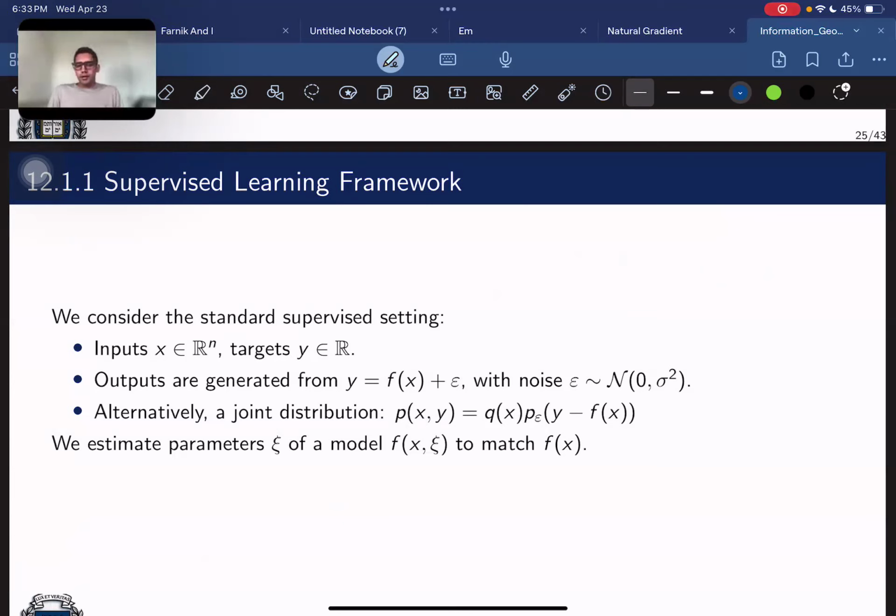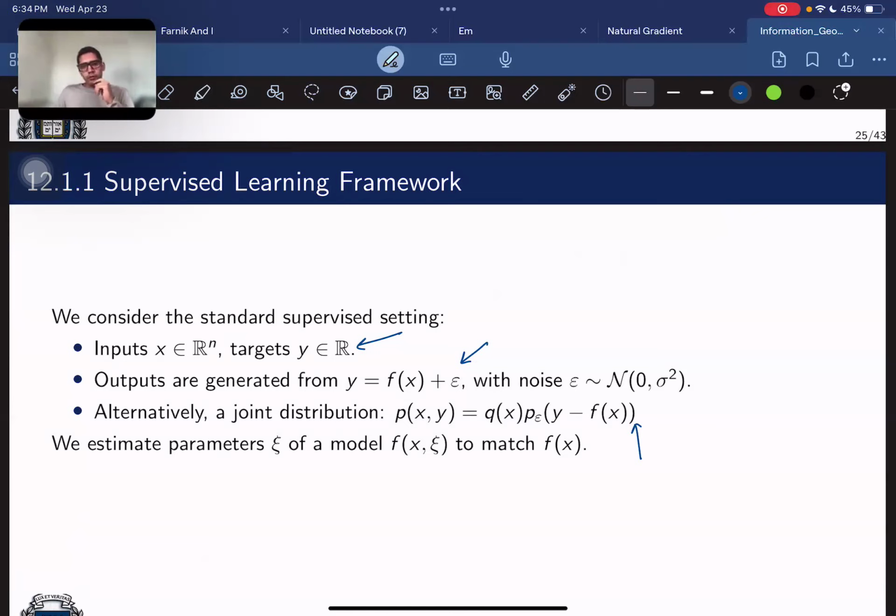Consider inputs x and targets y, like a regression or a classification. You can consider y to be a 0, 1 classification task or a regression task. Then you assume that the data you observe is coming from a function of x plus a noise. If you solve this via the maximum likelihood estimator, you can solve it by creating the following distribution.